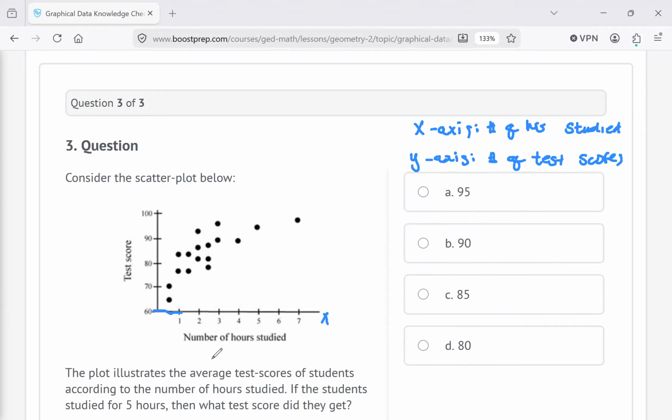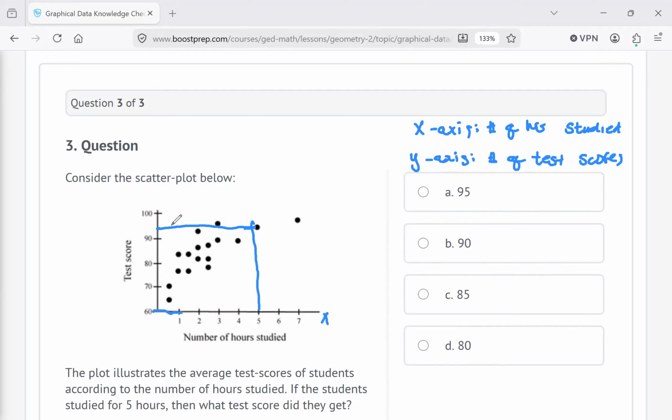Okay, so the question says the plot illustrates the average test scores of students according to the number of hours studied. If the student studied for 5 hours, then what test score did they get? You look at the x-axis, just like a Cartesian plane. Here's five. What is the y value? It's this dot, and it's not going to be exact, you're going to have to estimate it.